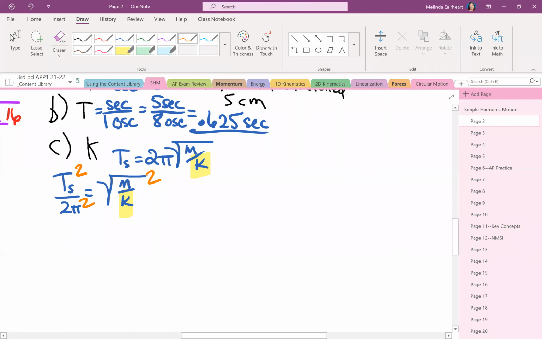2 pi squared, wait, did I just square 2 pi or did I just square pi? Depends if you have parentheses or not, right? And so I don't have parentheses, so you want to make sure you square everybody, okay? A lot of people forget to square the 2.